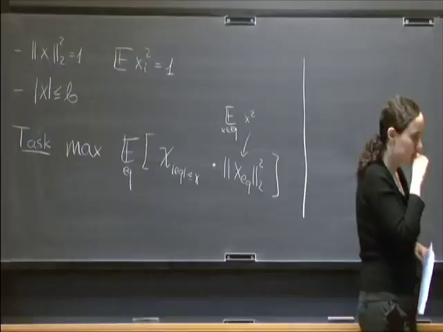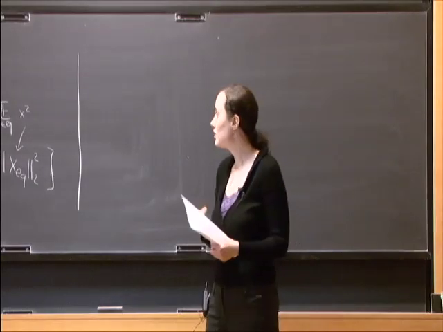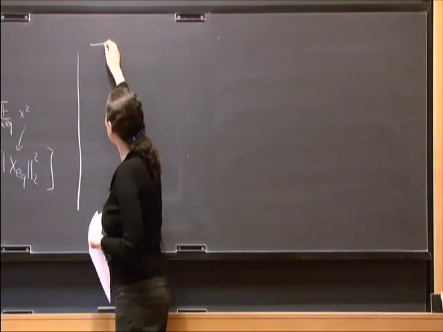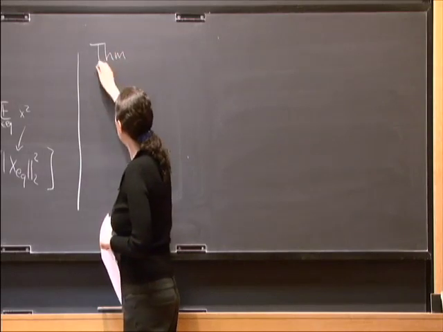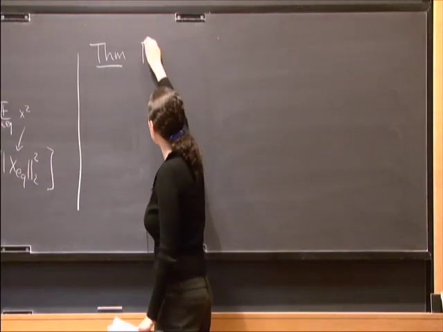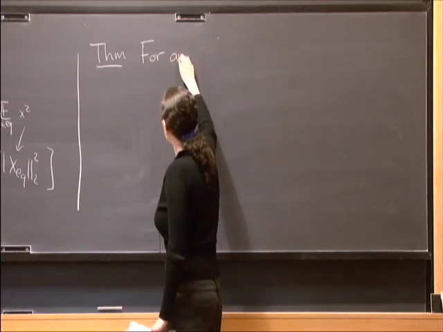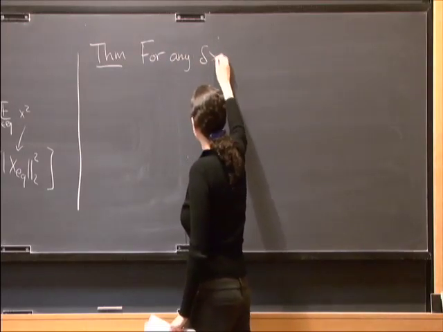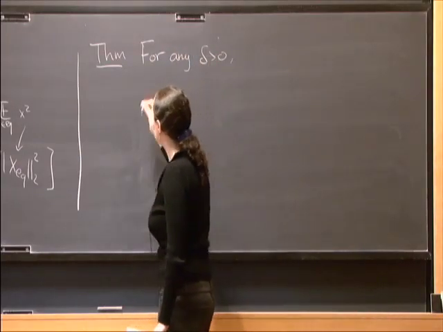Fine. So this is the definition, and let me tell you what is the theorem we're proving. We show the following for any delta bigger than 0.